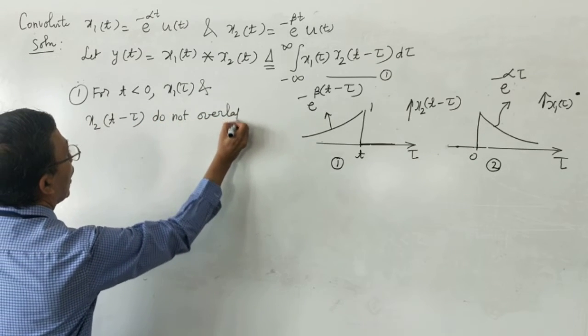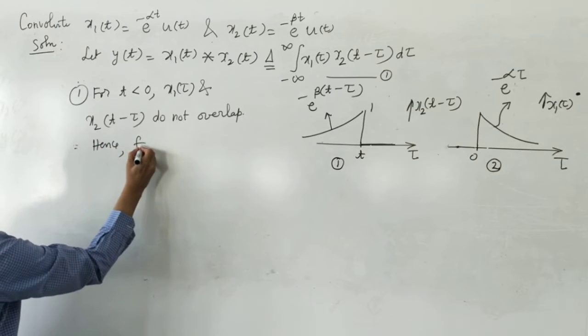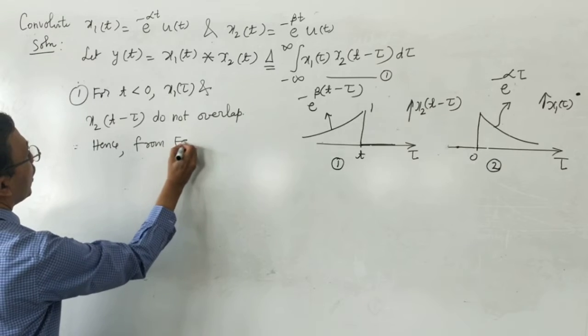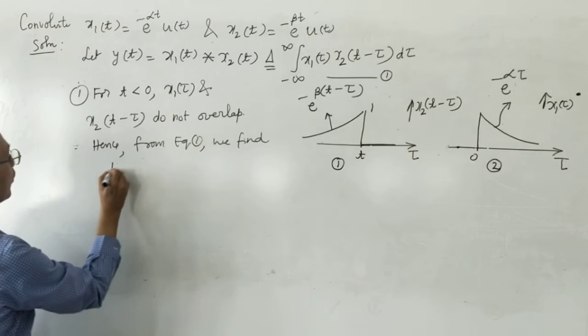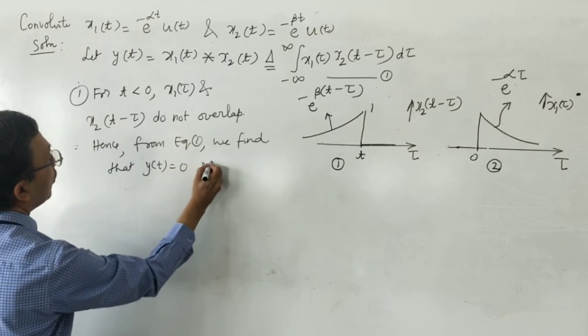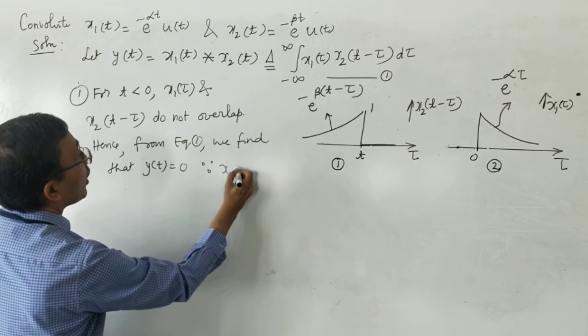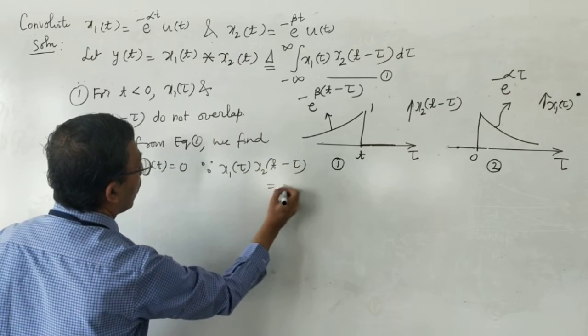Hence, from equation 1, we find that y of t equals 0 because there is no overlap. X1 of tau into x2 of t minus tau equal to 0.